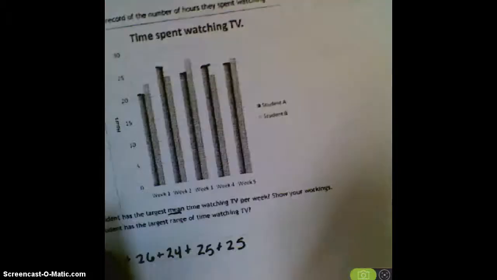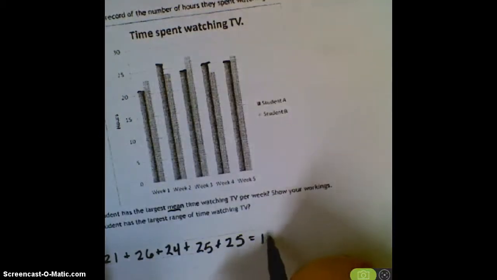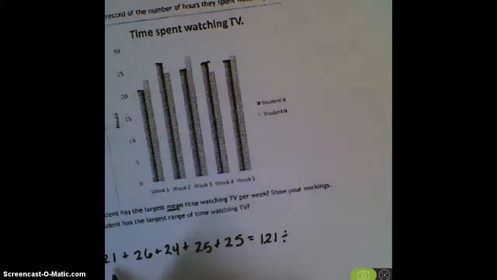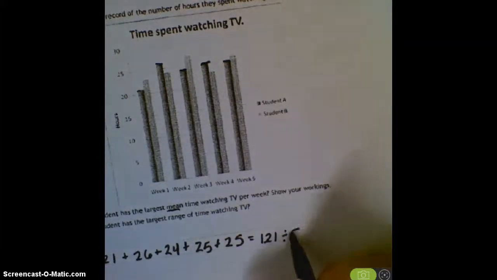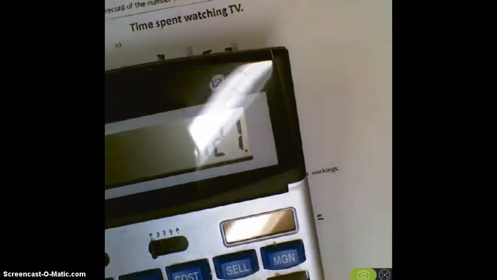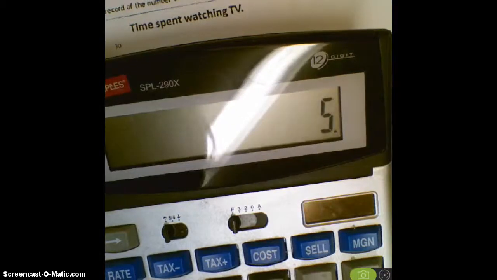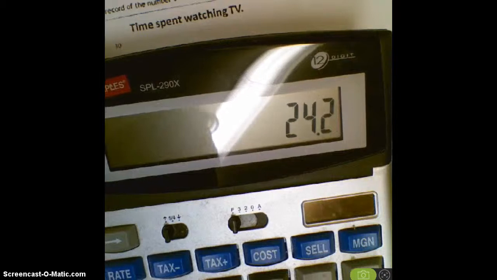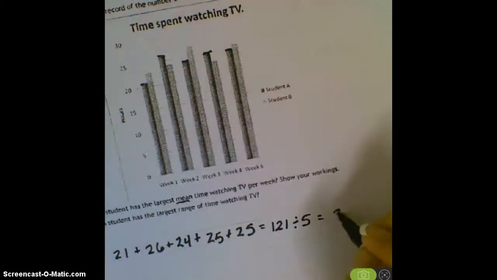We're not done yet, we're just partway there. Now we need to divide by the number of numbers: 1, 2, 3, 4, 5 sets of numbers. So we're going to do 121 divided by 5, and we get 24.2 for that student.